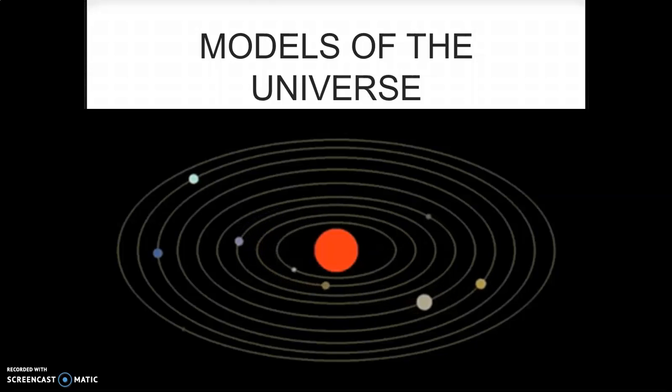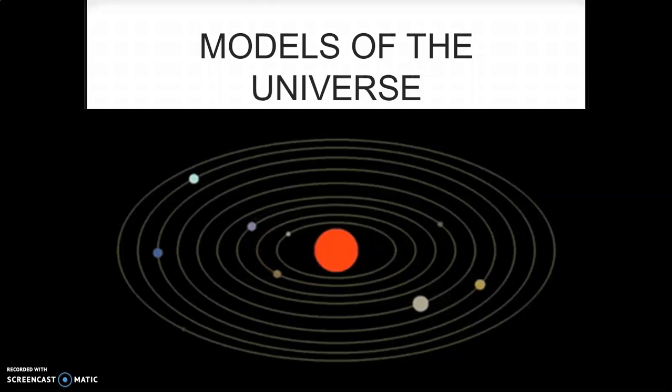There are two popular models about the solar system, and that is the geocentric model and the heliocentric model. When we say geocentric model, it is a model that describes the Earth as the center of the universe, while the heliocentric model describes the Sun as the center of the universe.